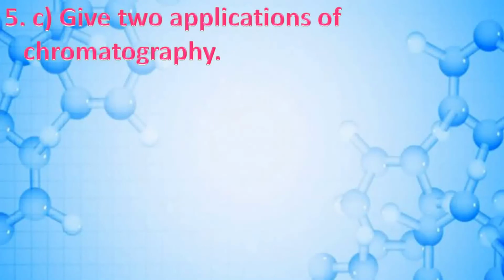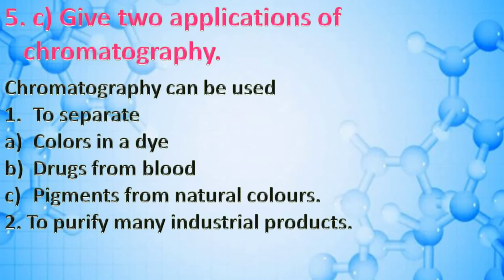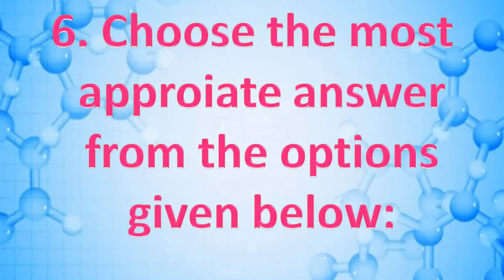Next question. Give two applications of chromatography. Answer is: chromatography can be used to separate colors in a dye, drugs from blood, pigments from natural colors, to purify many industrial products. Next question.